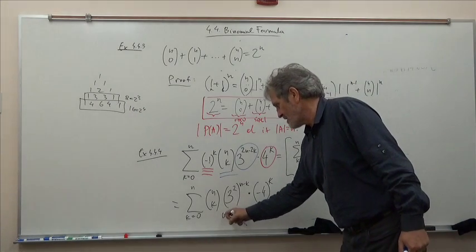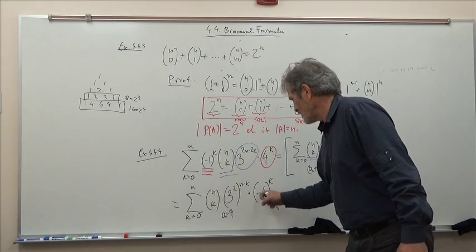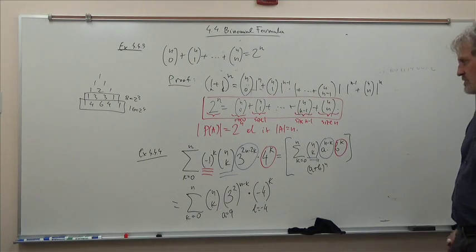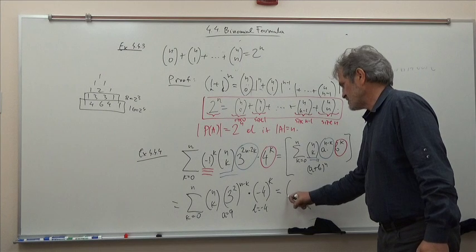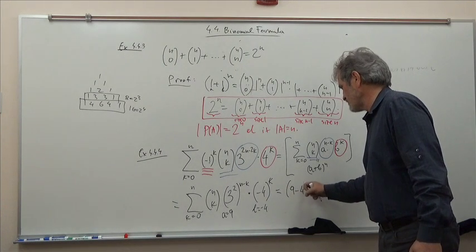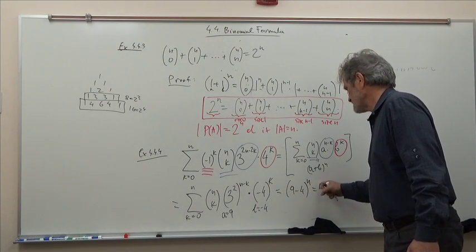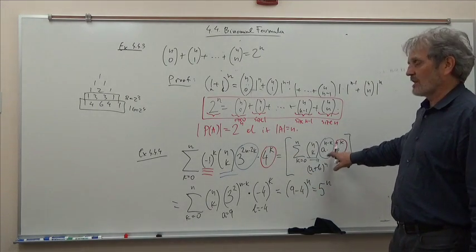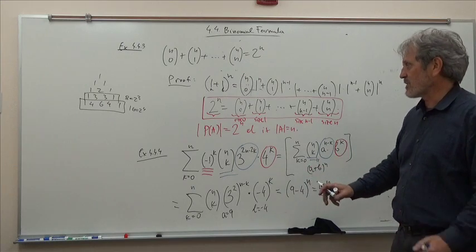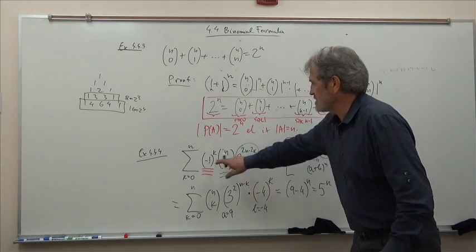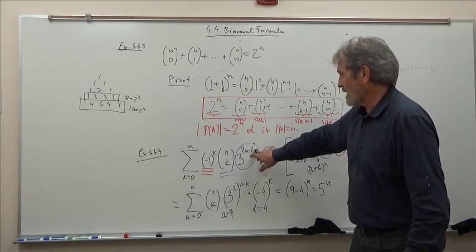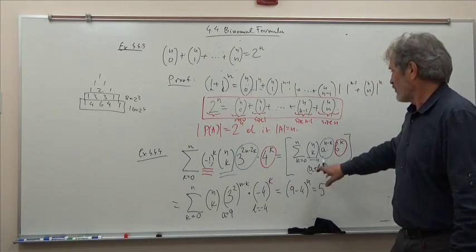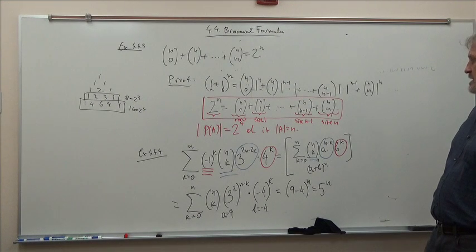Who's my a? My a is 9. Who's my b? My b is negative 4. So according to Newton's binomial formula, this is just 9 minus 4 to the n, and this is 5 to the n. So generally things did not look completely like the binomial formula, but after a few algebraic tricks, separation on n minus k and joining on k gave me a formula that looked exactly like the one I can call.